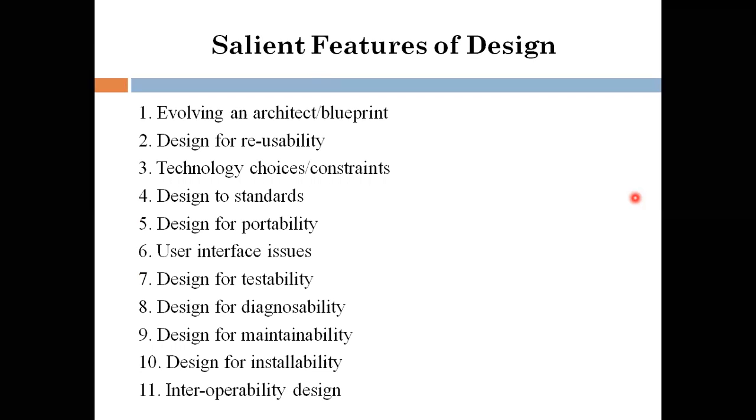First, evolving an architectural blueprint. When I talk about modeling, it helps me to analyze and think about different things, having something prior to its implementation. That is modeling. A model allows you to have a simplification of reality.